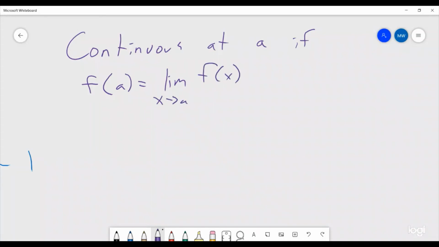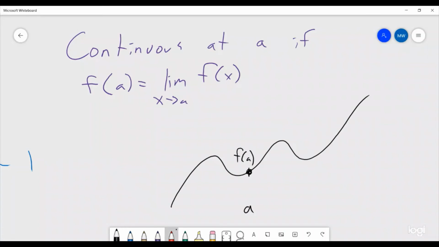What that's saying is, if we have some curve like this, and we're approaching the point a right here, the value of the function is f of a. As x approaches a, the value of the function should approach that point too. So this is an example of a continuous function.